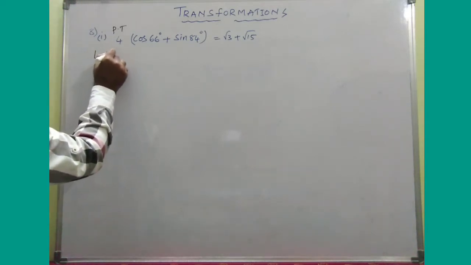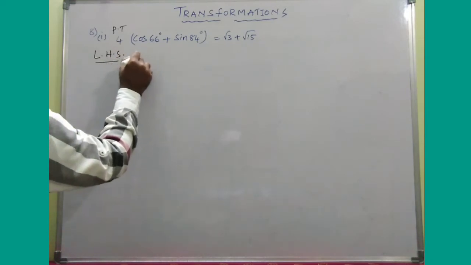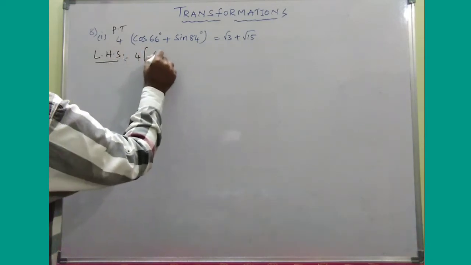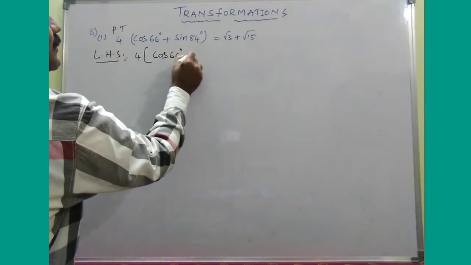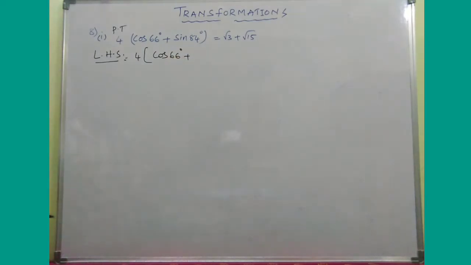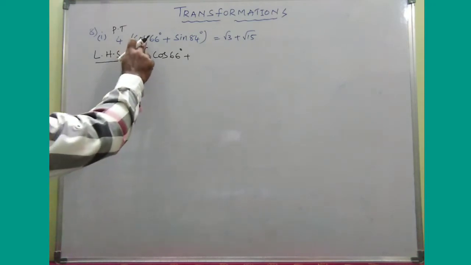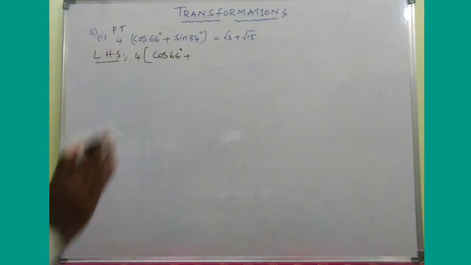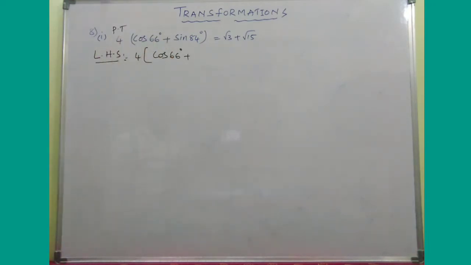So coming to LHS, 4 into cos 66 degrees plus sine 84 degrees. I told you, in transformations, this is the most important technique. See that both functions must be in the same ratio. I mean both are in terms of sine or both are in terms of cos. That's what you need to check.